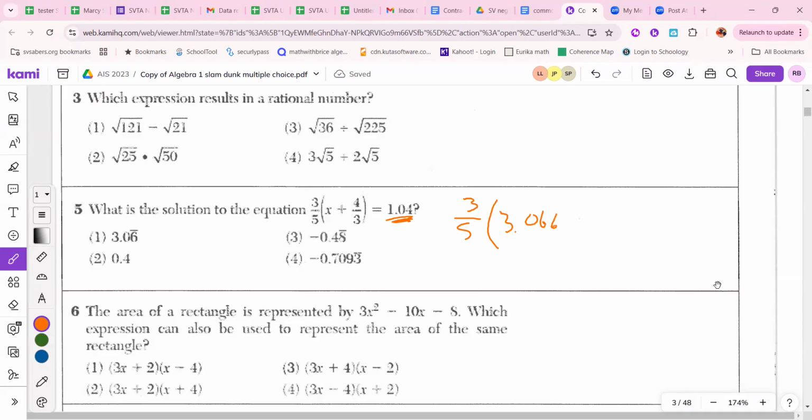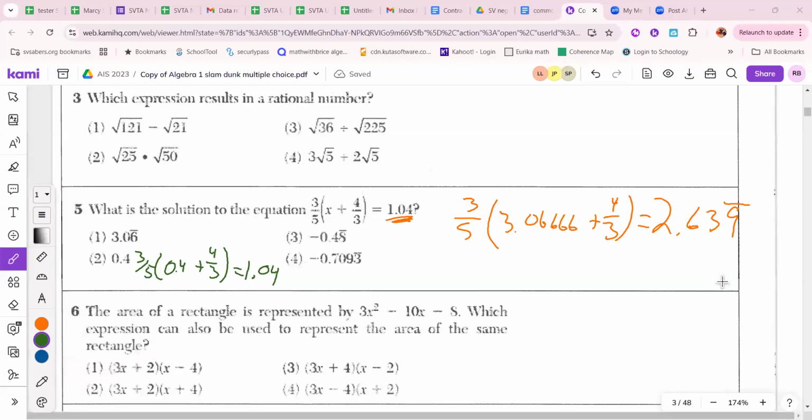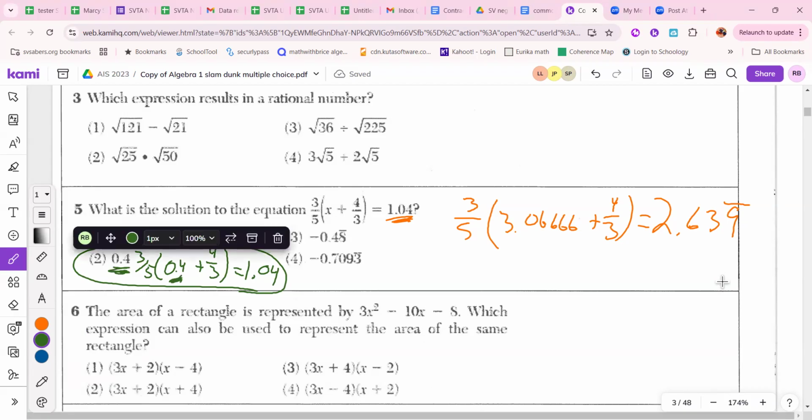Now notice that there's a bar over the 6, so we put a couple 6's there, plus 4/3, and we hit equals. So I did the first one and it equaled 2.639. When I typed in the second one, it was 1.04. Now make sure you type in the other ones also into your calculator, replacing the x wherever it appears.